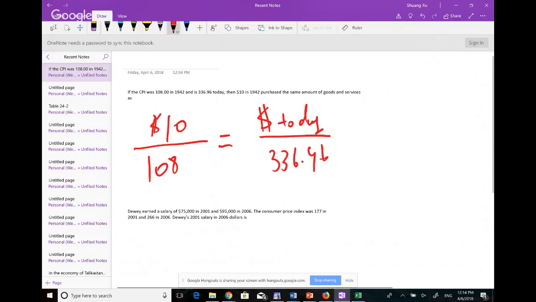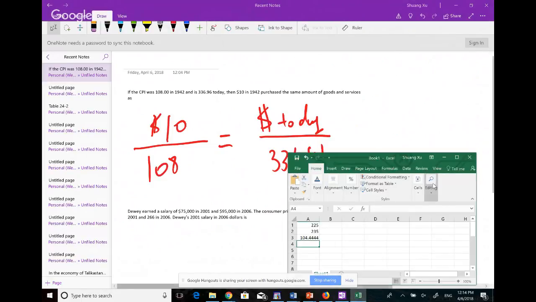Now let's see how much this is. Now, I don't know how you guys learn your cross multiplies in school, but this is how I do it. First I solve to see what is on the left.